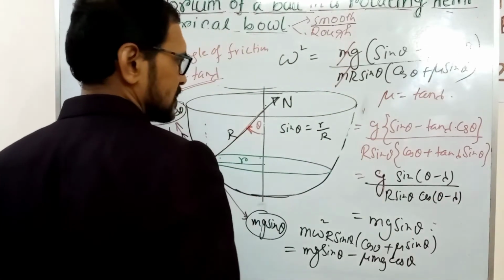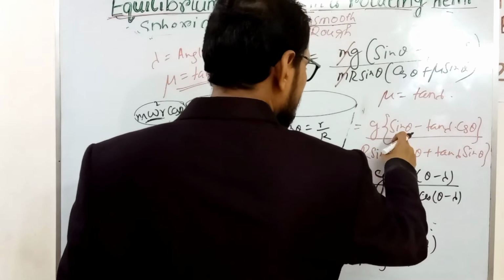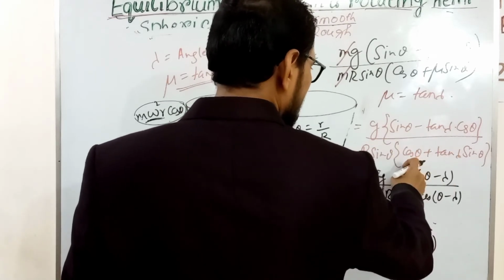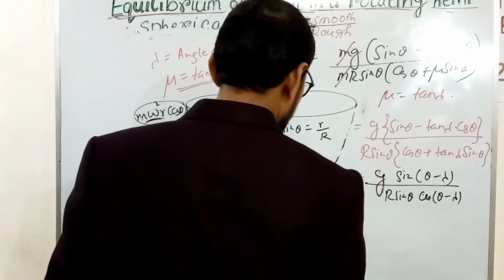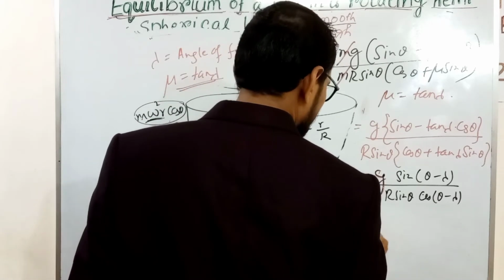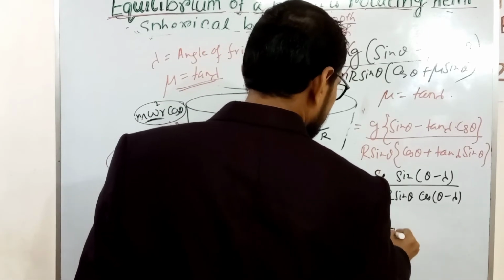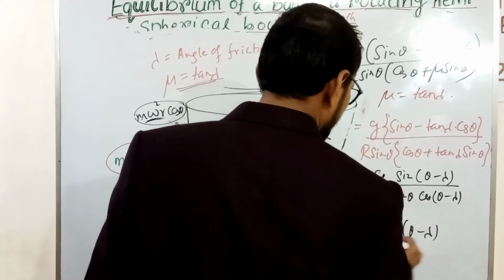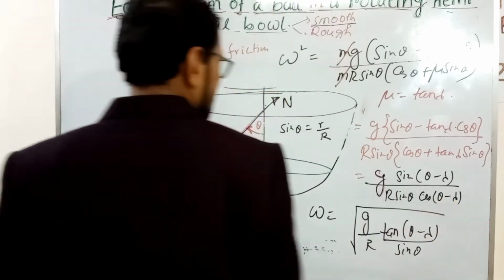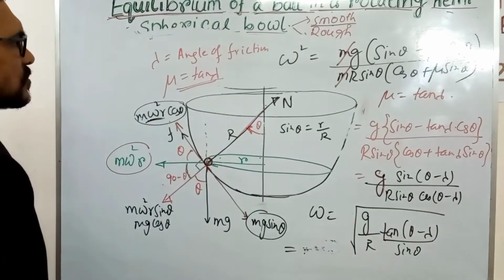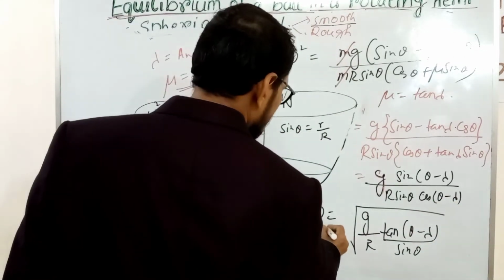Using cos a cos b, sin lambda by cos lambda, sin a minus b, we get cos a minus b. So this is the answer. So omega equals root over g by R, tan theta minus lambda by sin theta. This is the result for omega minimum.